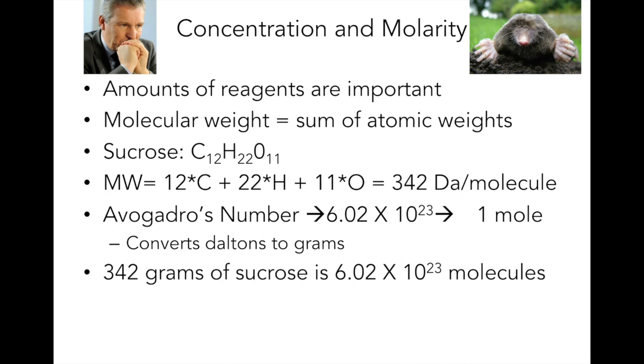So 1 molecule of sucrose weighs whatever carbon weighs times 12 plus whatever hydrogen weighs times 22 plus whatever oxygen weighs times 11. And rather than go through a bunch of mathing it out, I'll tell you that is 342 Daltons per molecule, or atomic mass units per molecule.